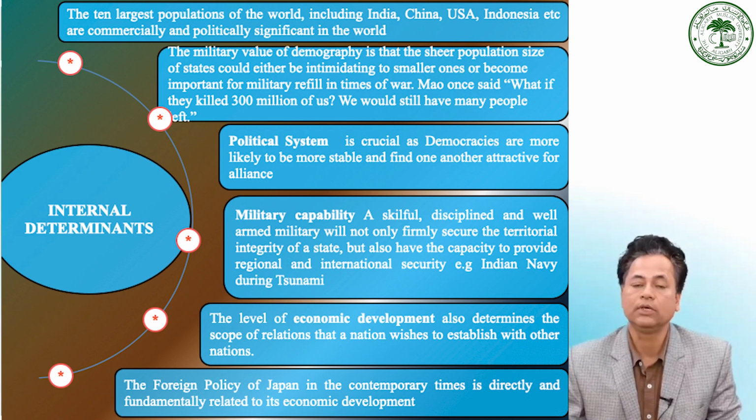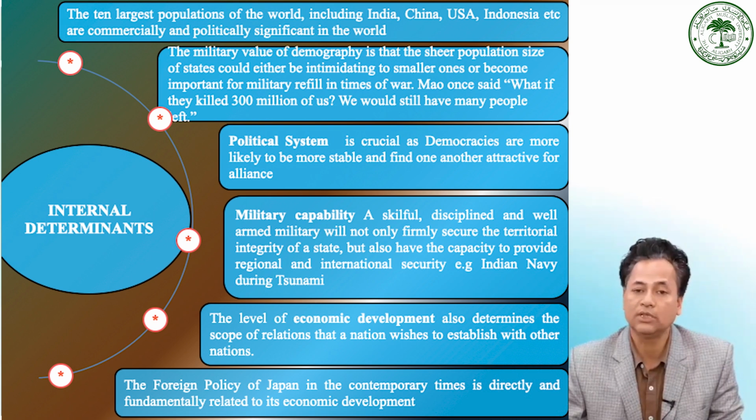You will recall that during Atal Bihari Vajpayee's prime ministership, he said that the Americans and the Indians are natural friends, or basically close friends, and it is natural for two democratic countries to be close to each other. That was the statement made by Vajpayee. So the point is, political system is crucial. Whether you are a democratic or a non-democratic country, these things are all important for the foreign policy of a country.